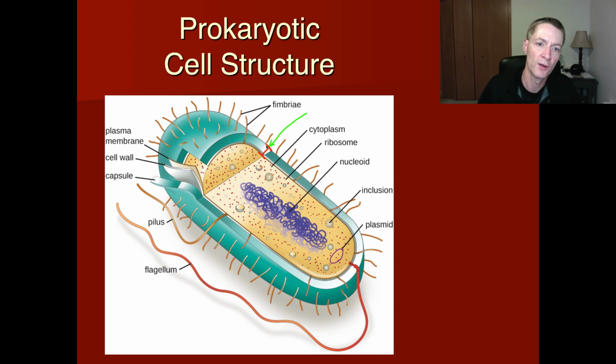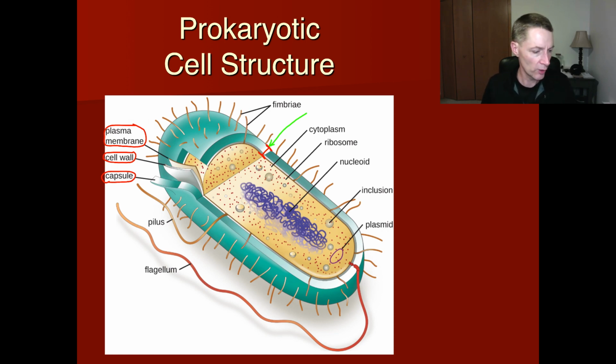It's the envelope of this cell. It surrounds the cell. It's made of several different layers. In this case, we see that there's a possibility of a capsule on the very outside, a cell wall, and a plasma membrane. Okay, so we're going to talk about these one after the other.